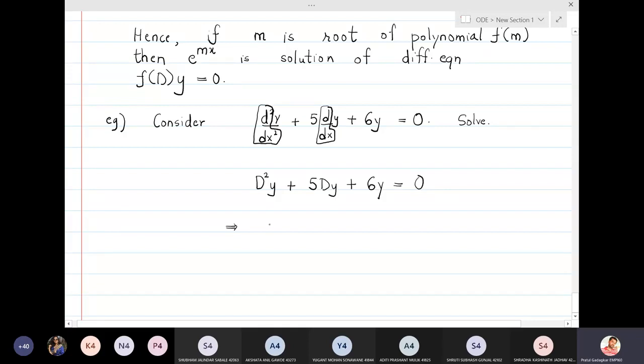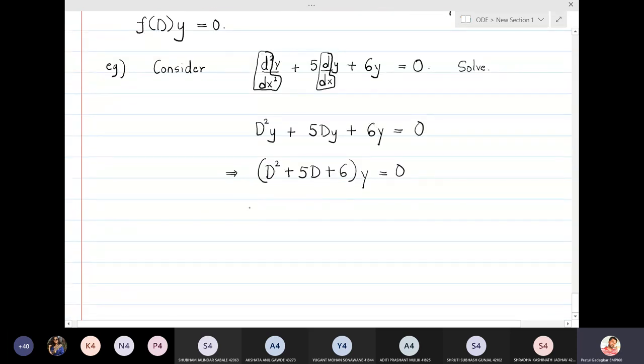This means that (D square plus 5D plus 6) y is equal to 0, which looks like f(D) y equal to 0.